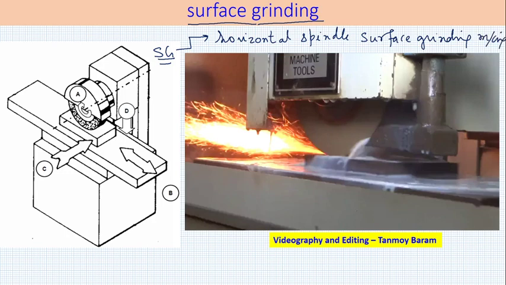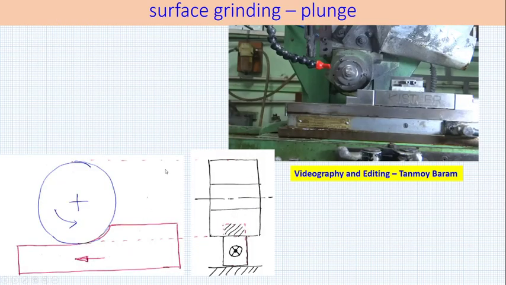This can be a conventional machine, where all the motions are driven conventionally, or it can also be a CNC machine, driven under CNC control. So there are different options for you for having a surface grinding machine.